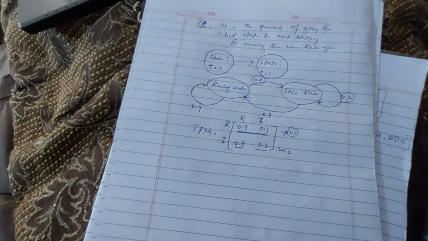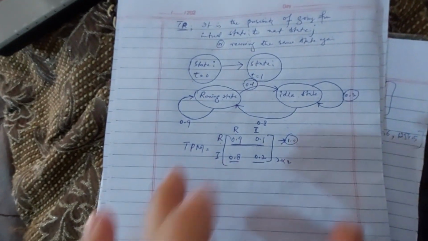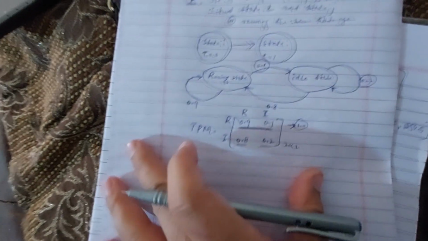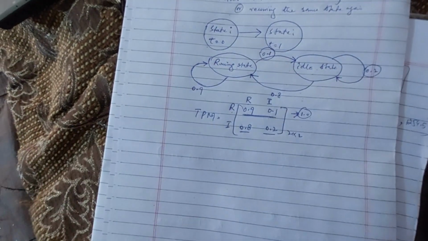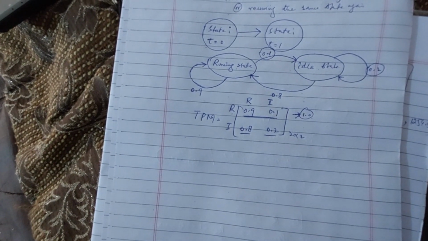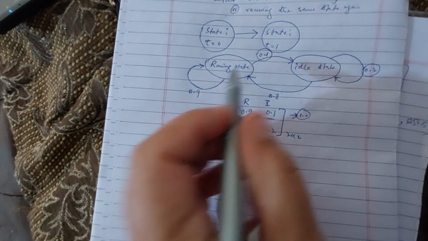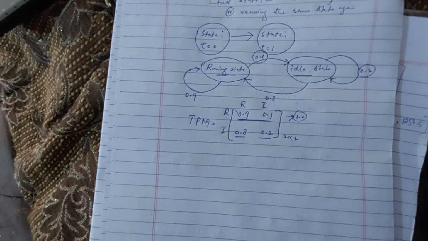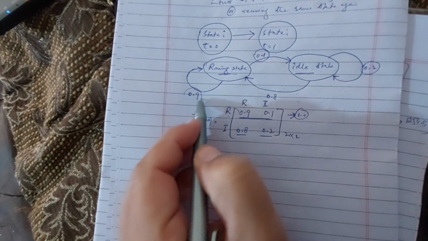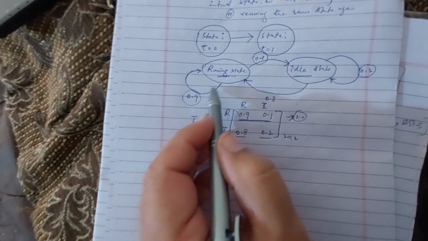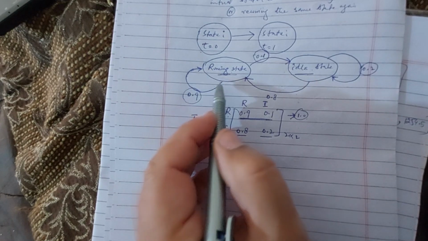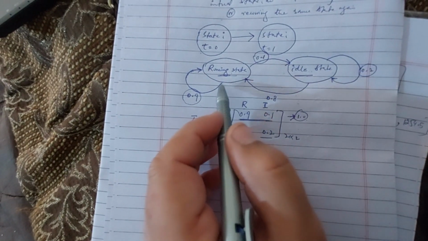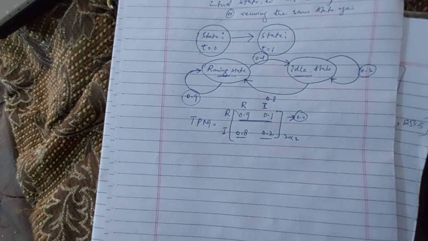Okay, so in this scenario, the system is the manufacturing plant, and the states are the running and idle states of the machine. The transition probabilities are the probabilities of converting from running to idle, and from running to running again in the next hour.